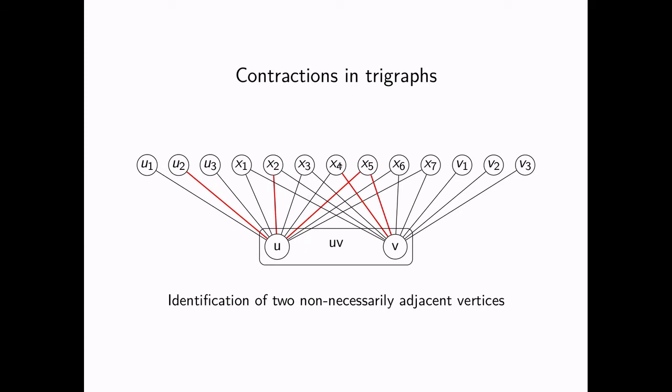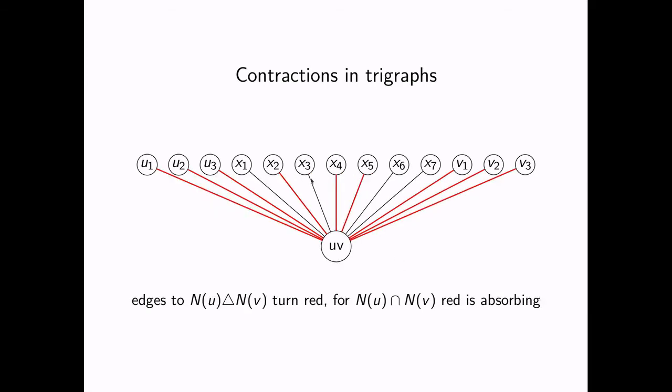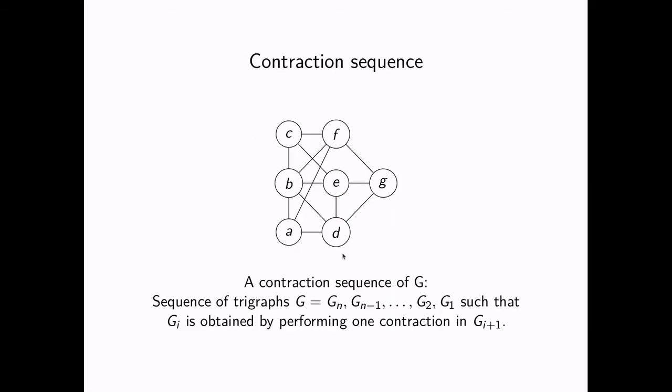So x3 or x6, for instance, they are linked in black to U and V, and they would remain linked in black to U and V. In the rest of the trigraph, all the edges would remain the same. So that's a contraction, and you can iterate this contraction.